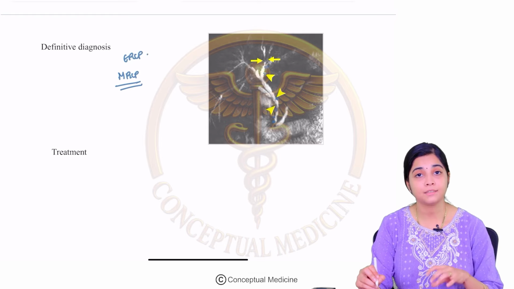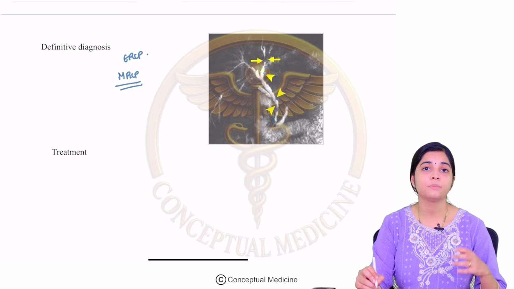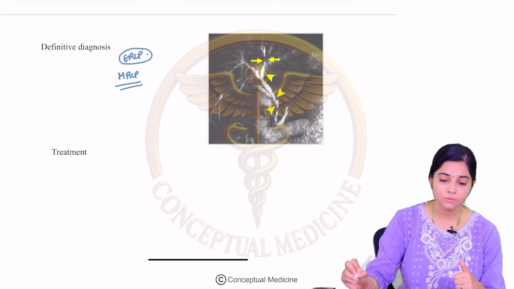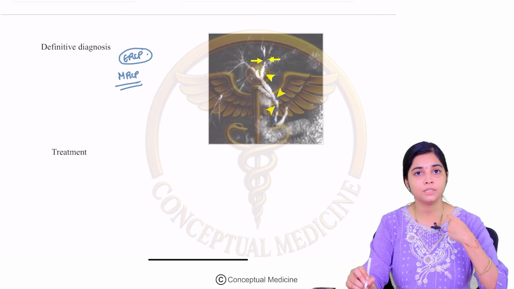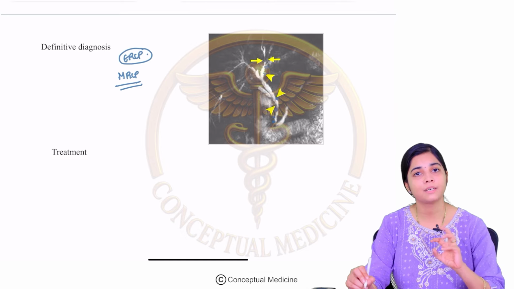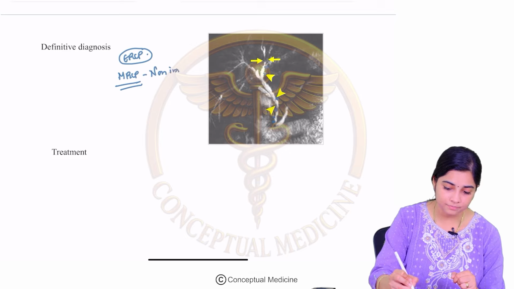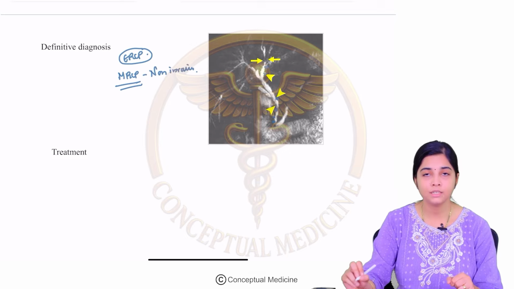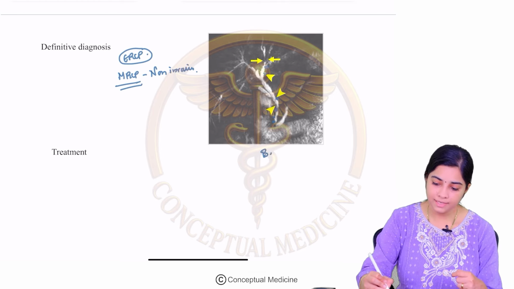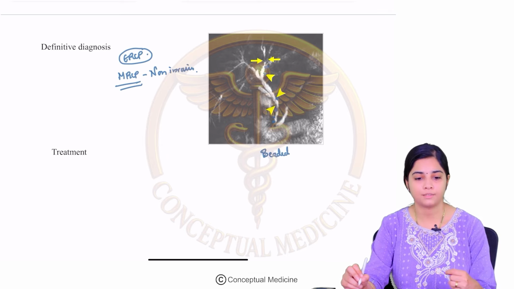MRCP is magnetic resonance cholangiopancreatography and ERCP is endoscopic retrograde cholangiopancreatography. ERCP basically refers to an endoscopic technique where through an upper GI endoscopy, you go into the bile duct and visualize it. MRCP is a non-invasive technique where you do an MRI sequence and you image the biliary tree. And what is this characteristic appearance? This is a beaded appearance of your biliary tract.